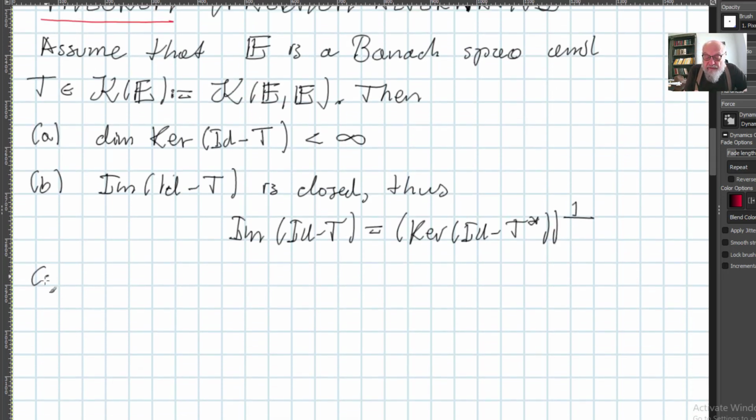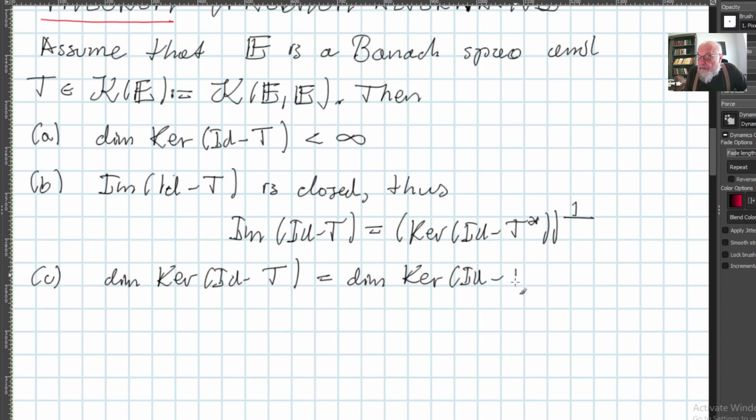And C is that the dimension of the kernel of identity minus T is actually equal to the dimension of the kernel of identity minus T star.